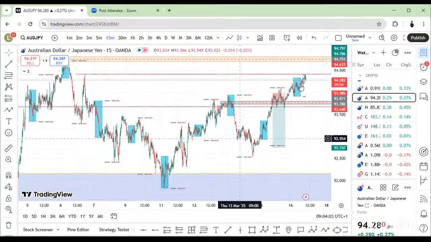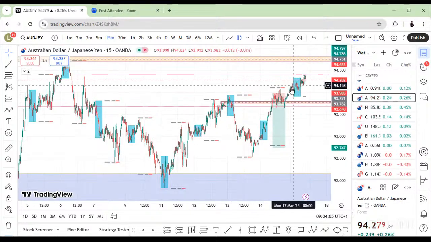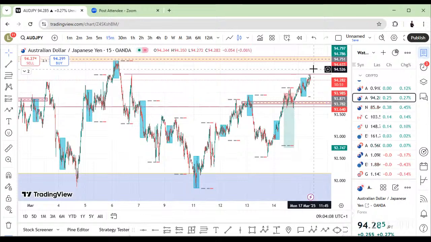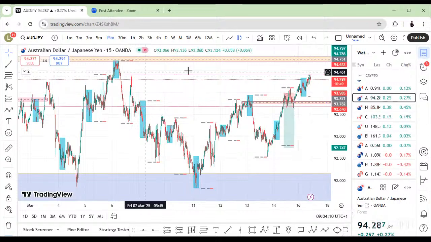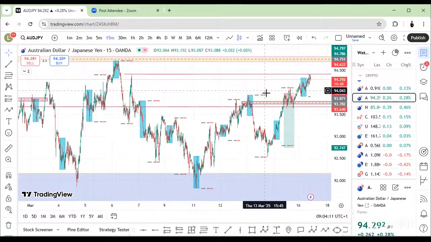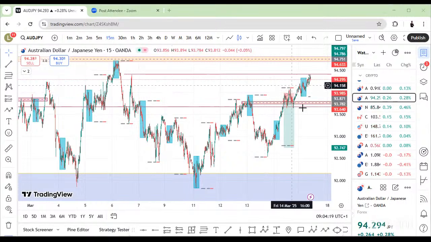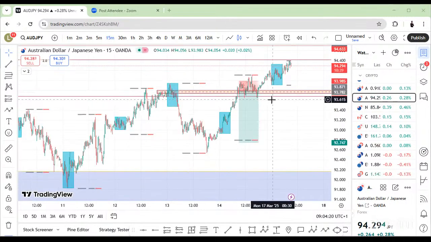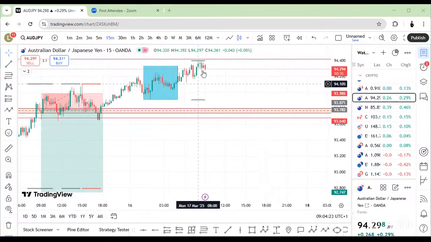On the 15-minute time frame, price still has enough room to trade to the upside to take out this liquidity. So just wait and allow price to take out liquidity at that level. When price takes out liquidity at that level, then we will look out for our sell entry signature.